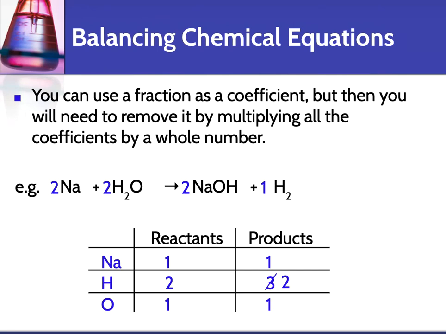Now, after you've done that, do a check and make sure you're balanced. We now have 2 sodium on the reactant side, 4 hydrogen, and 2 oxygen. On the product side, we've got 2 sodium, 4 hydrogen, and 2 oxygen. So we're balanced.